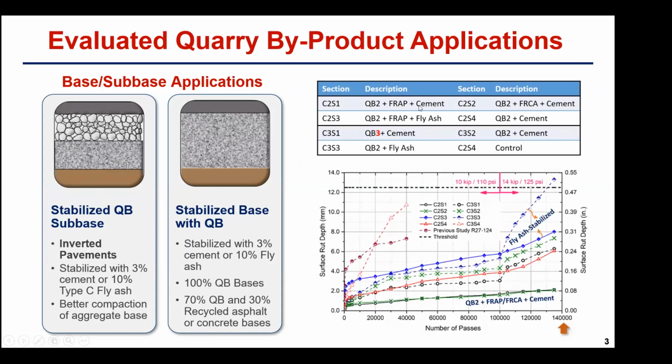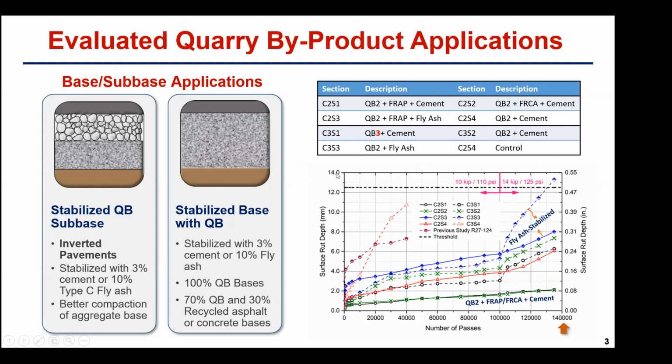Just quickly showing the test sections this study will be based on and their chemical compositions. As you will quickly see, there were two types of quarry byproducts in the sections, QB2 and QB3. Some of the sections had cement as the stabilizer, some had fly ash, and some had recycled materials, either RAP or recycled concrete aggregates.